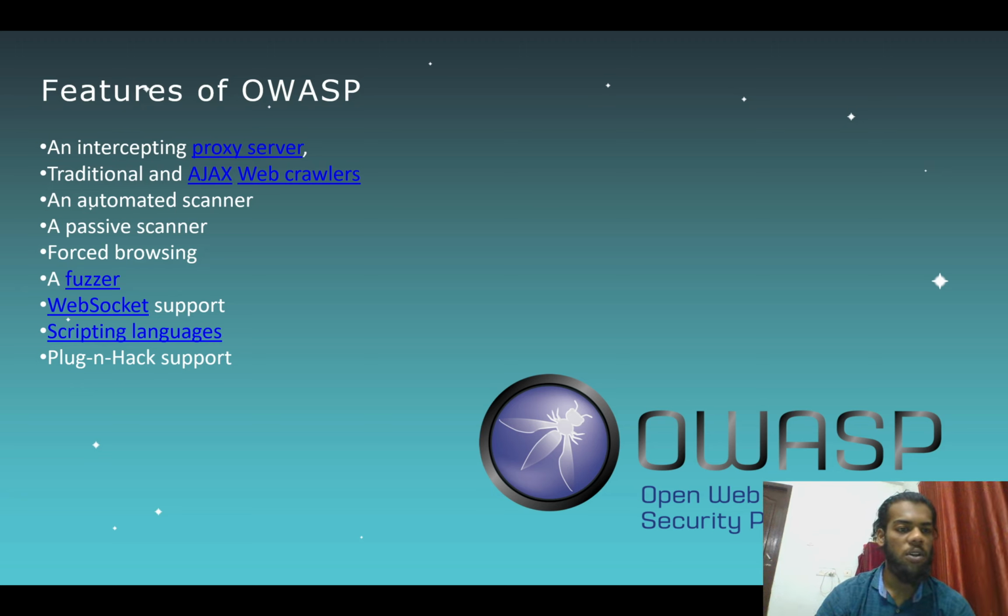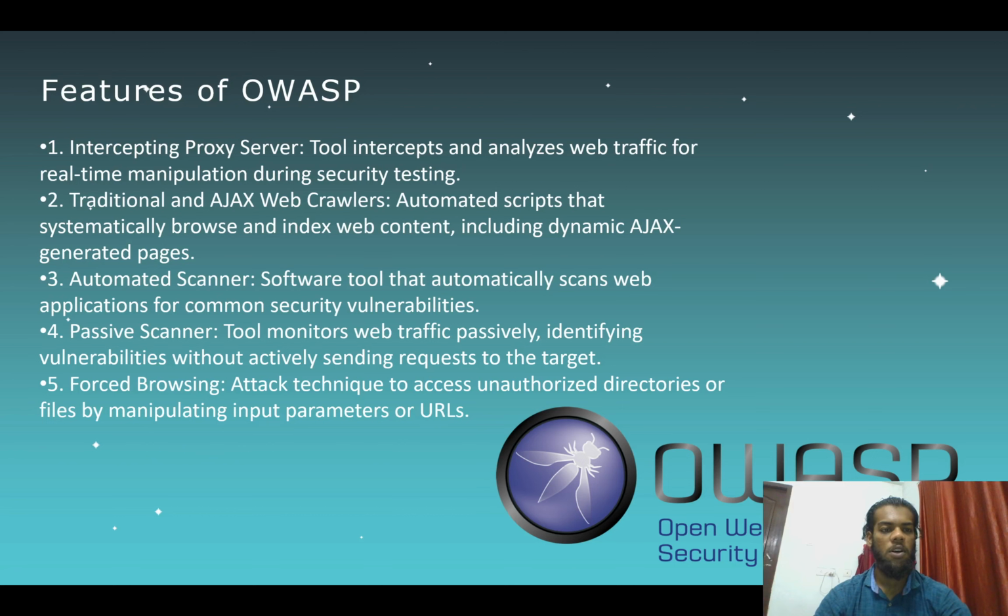The first one is an intercepting proxy server, and the second one is traditional and Ajax web crawlers, an automated scanner, a passive scanner, forced browsing, a fuzzer, WebSocket support, scripting languages, plug-n-hack support. Let's see the definition of these features of OWASP.